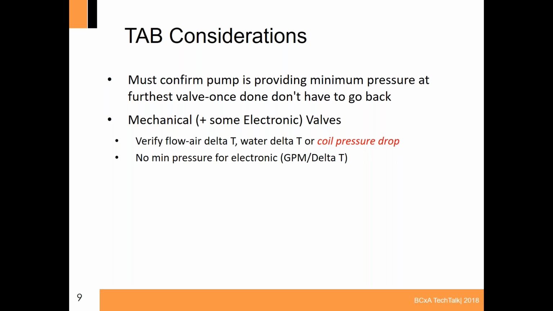The water delta T, measuring it across the coil to confirm flow, or what is traditionally recommended to confirm flow, if you need to, is coil pressure drop. Okay, so the coils that we're running the flow through, you can go to the manufacturer and pick up their coil pressure drop charts, and based on the pressure drop that's going through the individual coil, we can determine the GPM that's flowing through it.